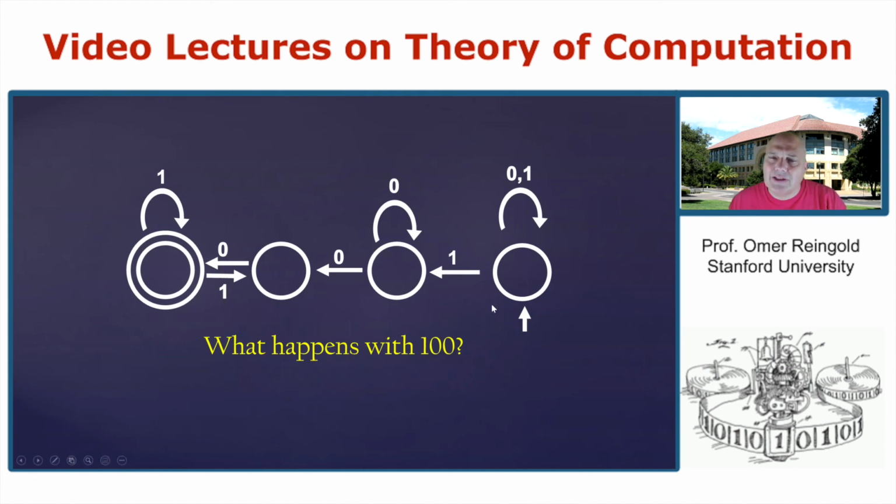But what happens if instead we take 1, stay put, and now when we read 0 and 0, we continue staying put? Because this state has two edges marked 1, we can do one of two things. One of them can lead us to accept, but the other one leads us to reject.